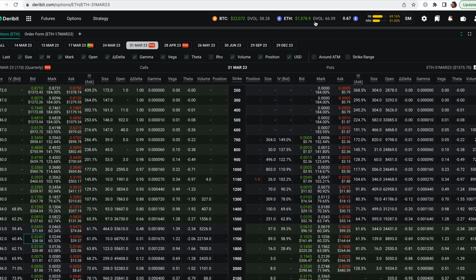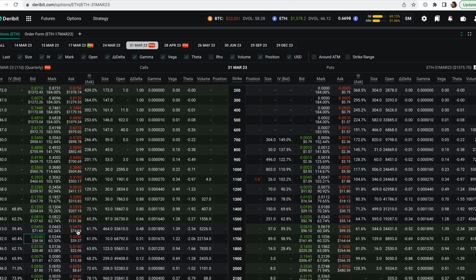Additionally, we could sell 1 call option with a strike price of, let's say, $1,600 and expiry March 31st. It's 17 days from today.